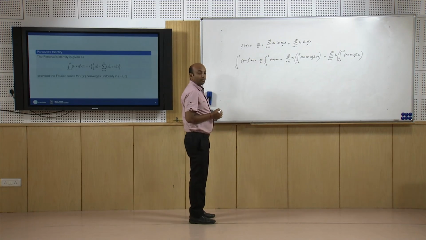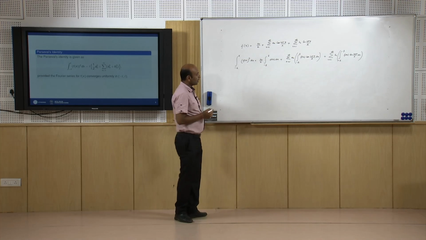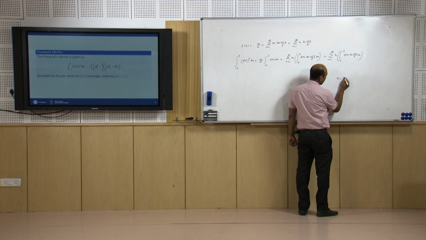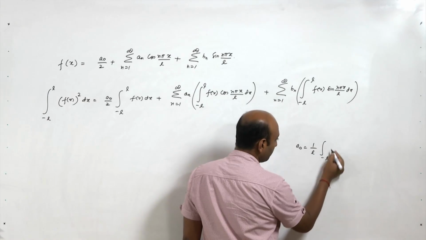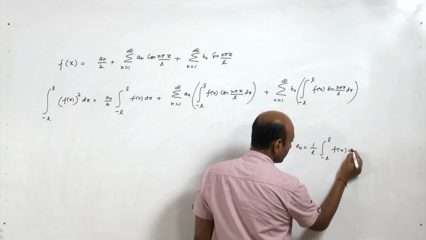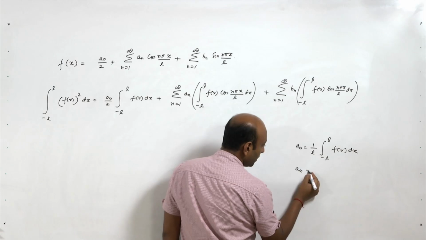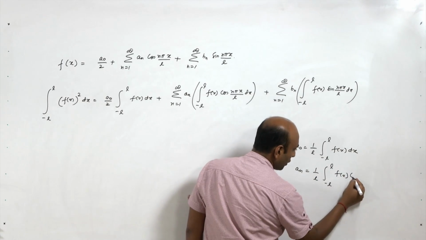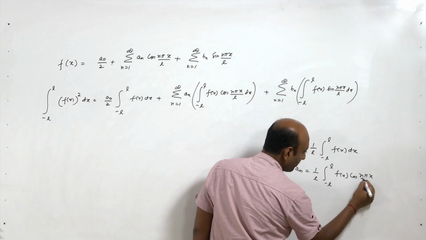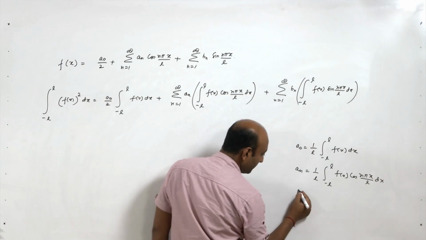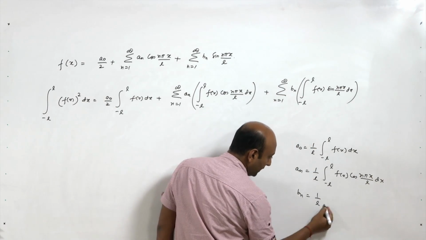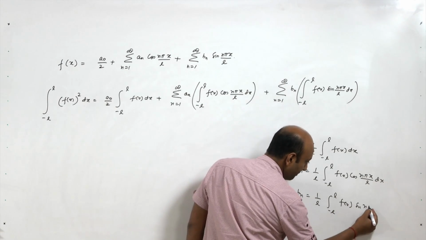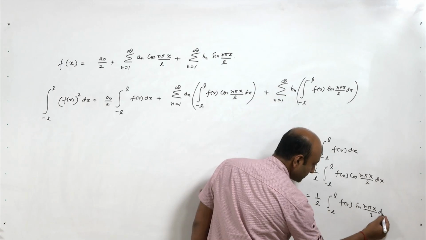Now, if you recall the formulas of a naught, a n and b n: a naught is 1 upon L integral minus L to plus L f(x) dx, a n is 1 upon L integral minus L to plus L f(x) cos n pi x upon L dx, and b n is 1 upon L integral minus L to plus L f(x) sine n pi x upon L dx.